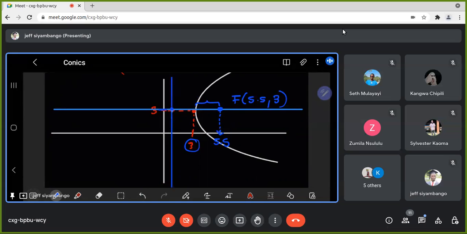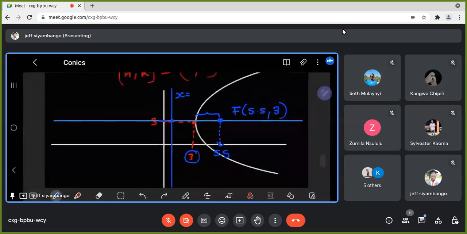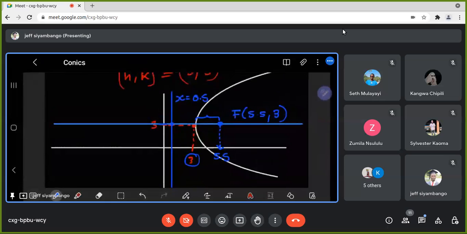Since the distance from here to here is 2.5, that's the line x equals 0.5. So this is how we would do it if this was not located at the origin. Any questions there?